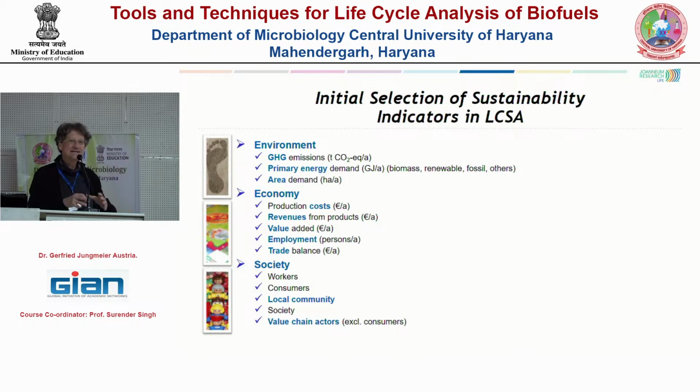So at least it's always covering the whole, and some of these indicators you can already well quantify. Others are under development, but I'm sure in future more and more indicators will come up, especially in the social area.